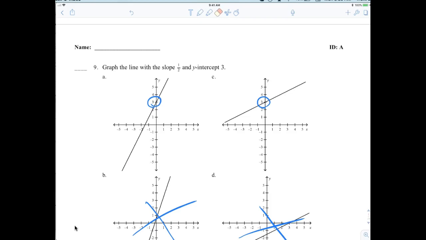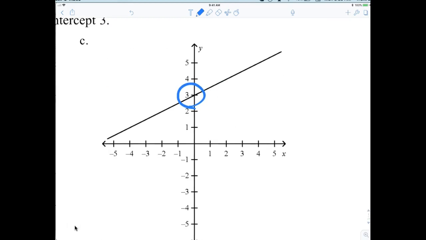So I'm going to look at A first. So from the y-intercept, I go up 1 and over 2. So everybody see how that is not the answer then. So if I go over here at 3 again, up 1 and over 2. So there it is, C.